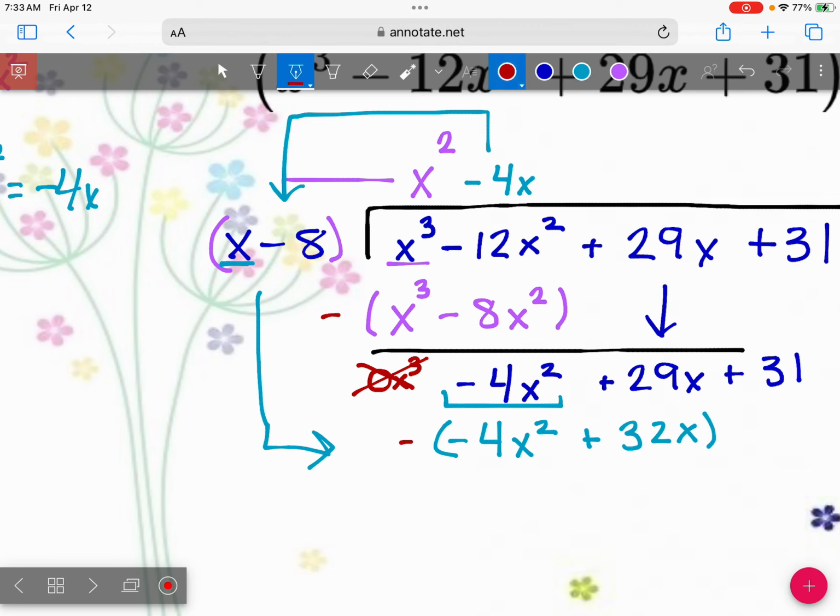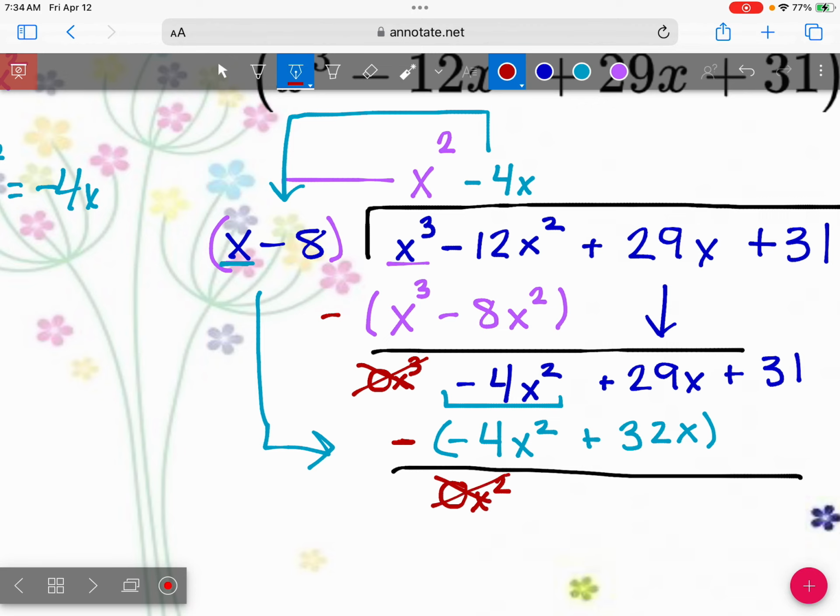And what we need to do is subtract everything there, and we're going to be really careful with signs. Got my negative 4x squared minus negative 4x squared. So that double negative comes into play again, and we wind up with 0x squared, which is what we want.